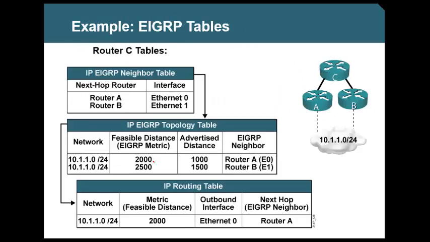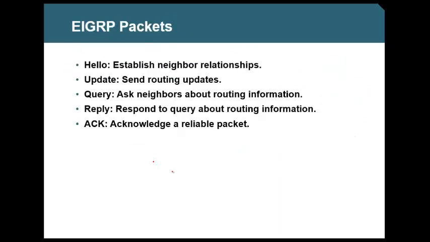Now, we learned that EIGRP has hello packet, which is EIGRP packet type 3. I'll show you what this 3 is. Update, query. Update is sending an update whenever there is a change. Query, as I just finished saying, is asking a neighbor about routing information when there is no backup path.